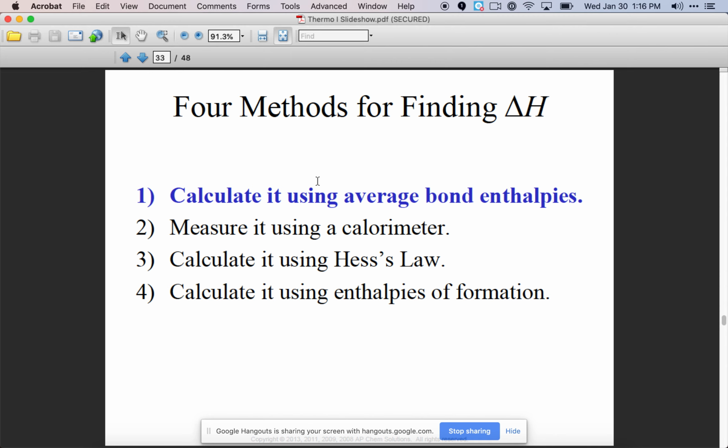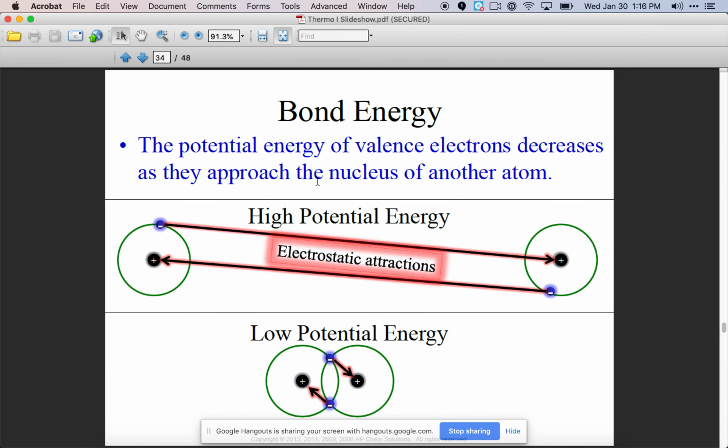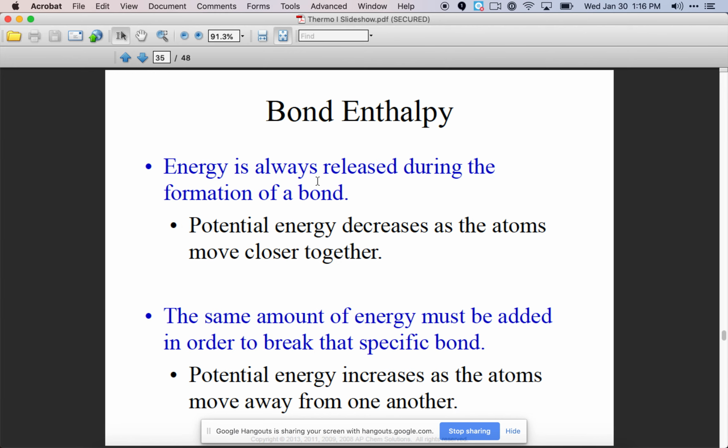All right, average bond enthalpies. You'll see something about average bond enthalpies. And remember that when two electrons are further apart, it's high potential energy, but the moment you bring them together, you have low potential energy. And what does that mean?